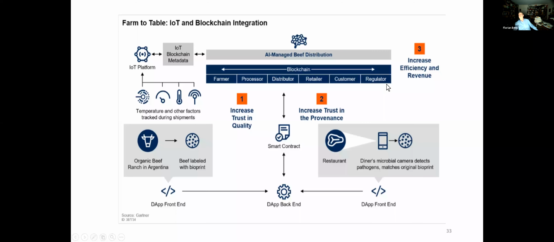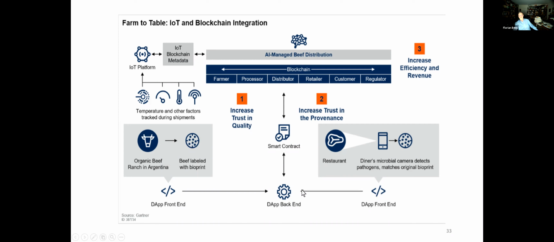Those are the typical participants in this case. Now, the example here is an organic beef rancher in Argentina. And in this very fancy case, the beef can be labeled with a bioprint, which means inserted with certain information that is digitized and can be retrieved without major difficulty.